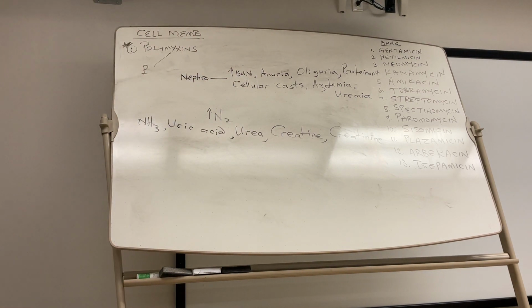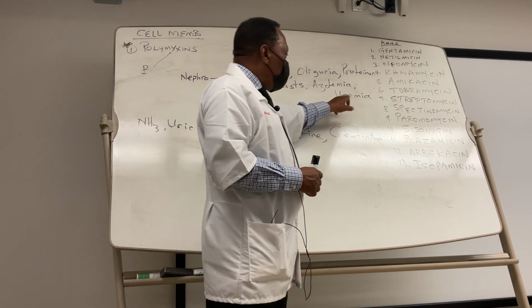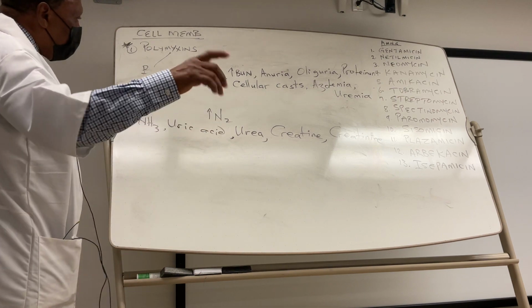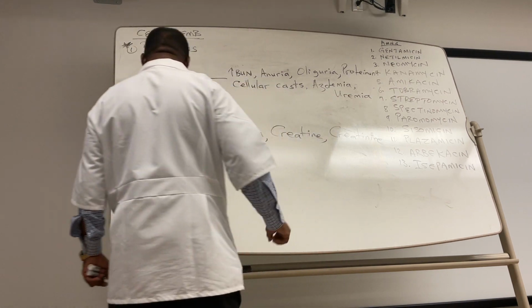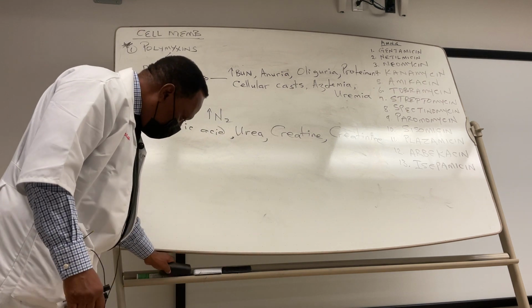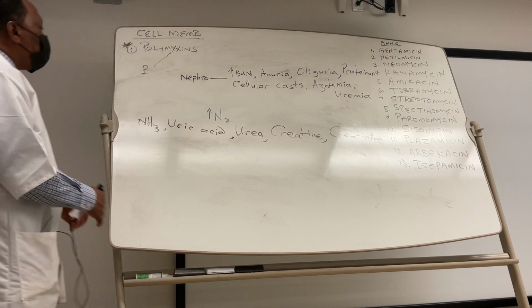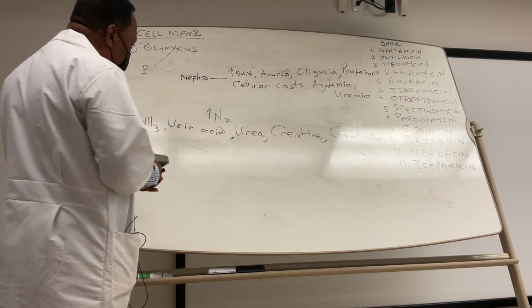They can have seizures, dizziness, disorientation. All of those can be manifestations of azotemia resulting in uremia. When the symptoms exist, that's the condition we refer to as uremia. So that's the difference there.